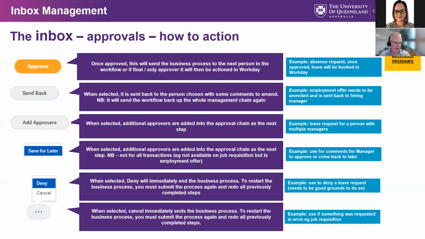You can click that send back button and ask, for example, HR or the person who generated that original hiring process to put the information in and say, could you please provide more justification? Once it's come back again to the head of school, and you're comfortable with it, you could then let the head of school know that it's ready for their approval. So that send back functionality is very useful in order to make sure that the task is ready for approval.